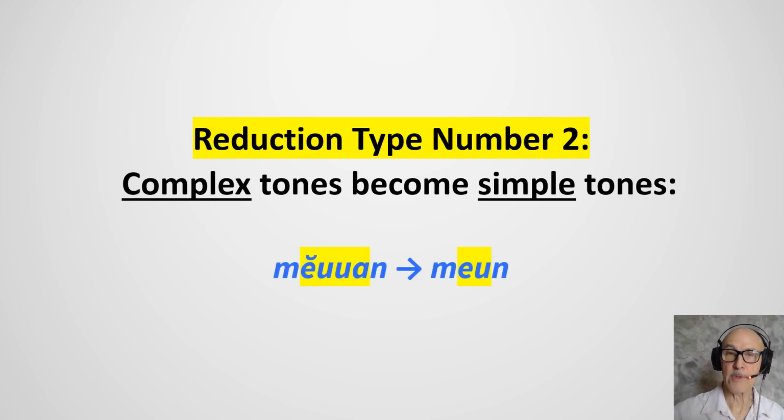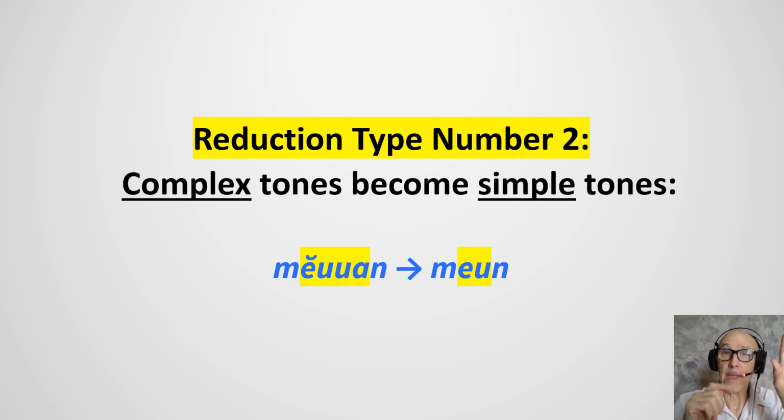Okay, so now let's have a look at a second way in which Thai tones are commonly reduced in everyday conversational Thai. I divide the Thai tones into two classes. Different other terminology is used in the field, but I like this terminology that I'm going to use now. So I divide them into two classes, complex tones and simple tones. Complex tones are your rising tone and your falling tone.